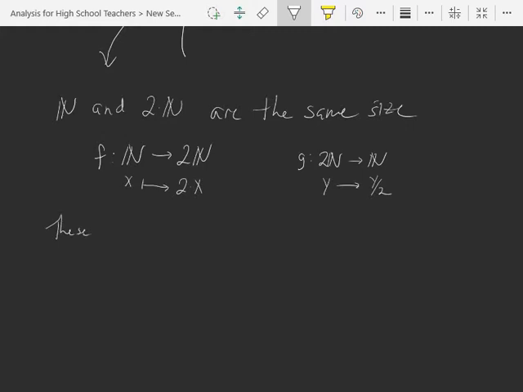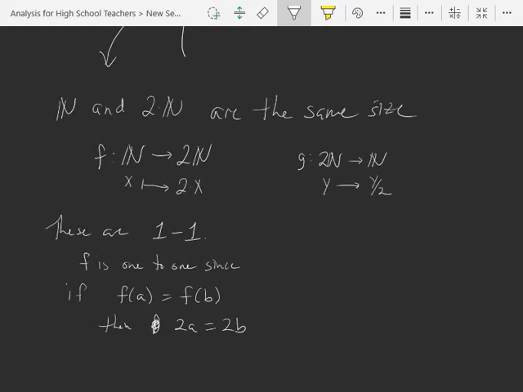These are 1-to-1. So f is 1-to-1 since if we have f of a equals f of b, then 2a equals 2b, divide by 2 on both sides, a equals b. And very similarly, g is injective.